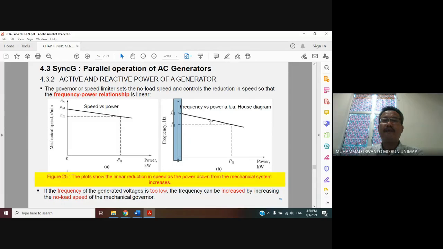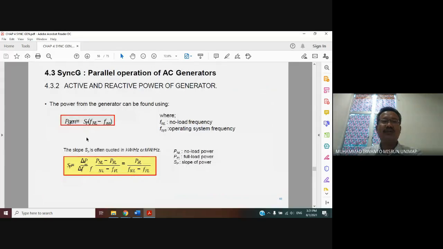If the real power, active power, changes, the relationship between frequency and power, or speed and power, is linear. If we look at this line, we also have what we call the slope. Okay, now for the slope, we can use this formulation.